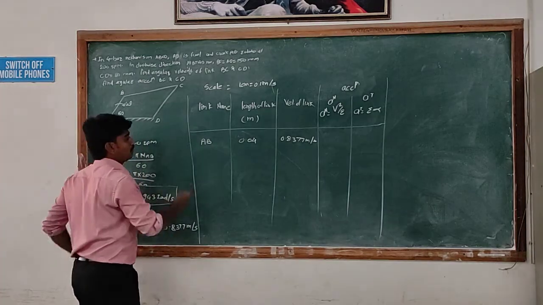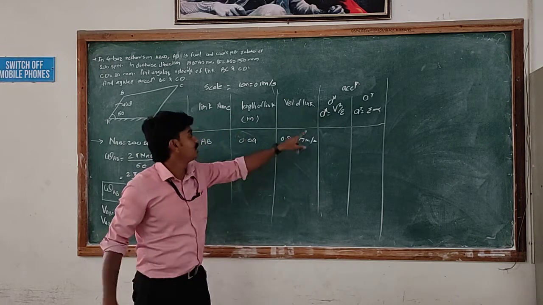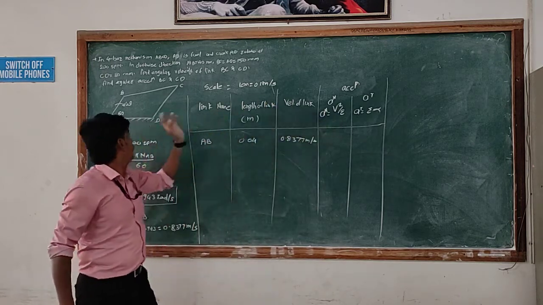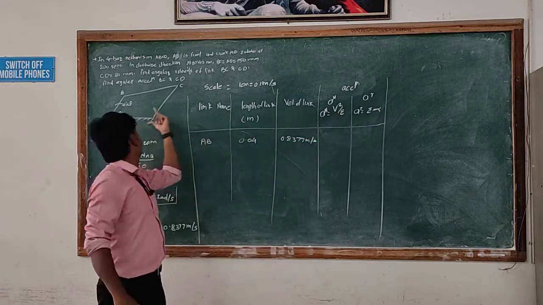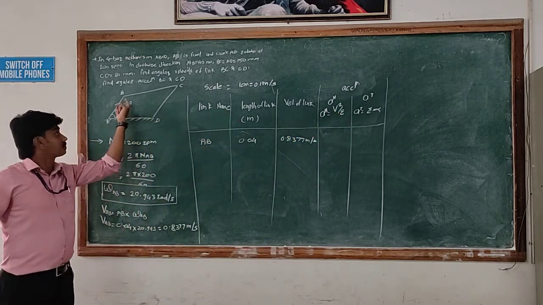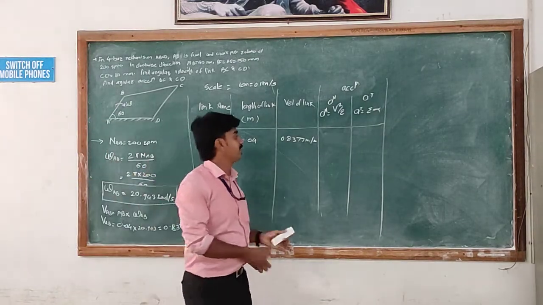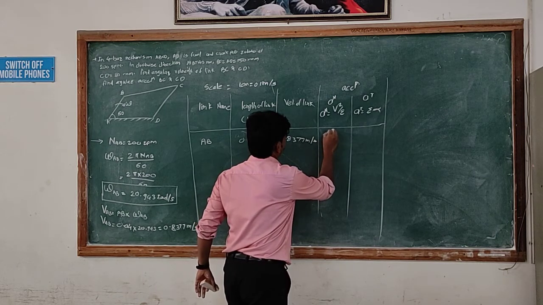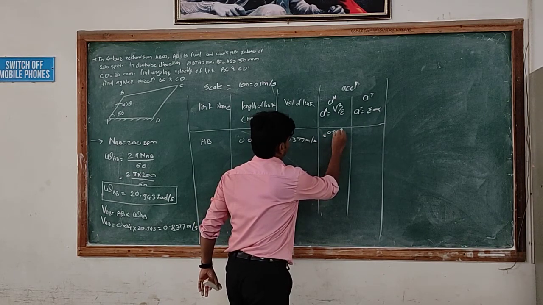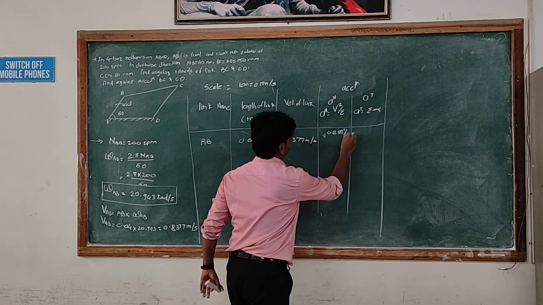Then we have to calculate the normal acceleration of this link. Normal acceleration of the link AB, we have the formula v square upon r, where r is the link length, that is 0.04 meter. So if we calculate this, it is equal to 0.8377 square upon 0.04.